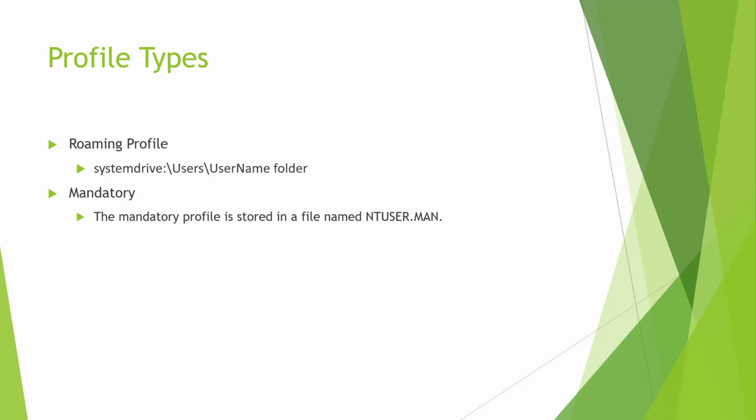And if the user logs in as a mandatory profile and that profile is not accessible, it will create a temporary profile. If you want to have a mandatory profile, you change ntuser.dat to ntuser.man. Man, M-A-N, for mandatory. What's interesting here is this enforces a very specific type of profile.